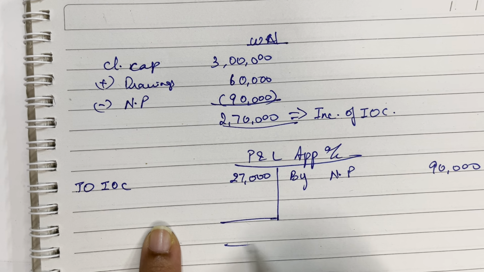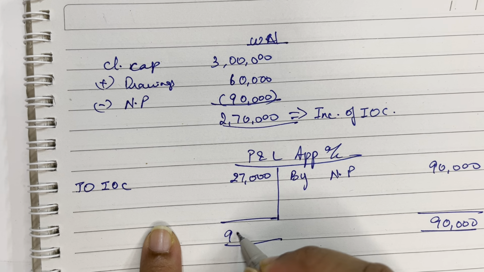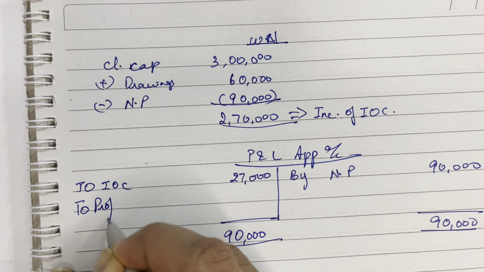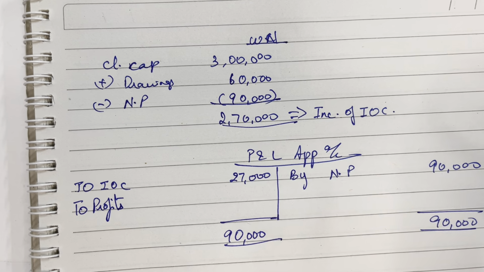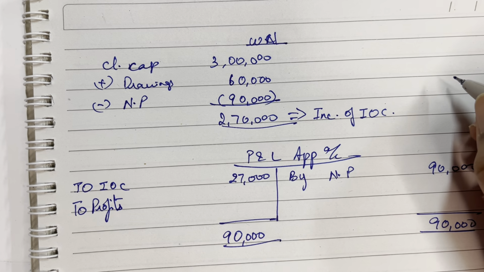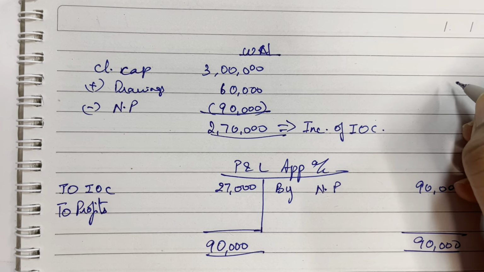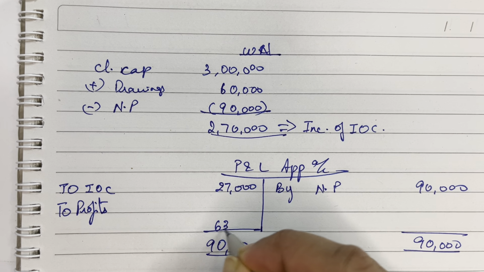So now how much amount goes to each partner as profits? Now these profits will be transferred to the current accounts, right? Since the capitals are fluctuating over here, it would be 90,000 minus 27,000, which is 63,000.